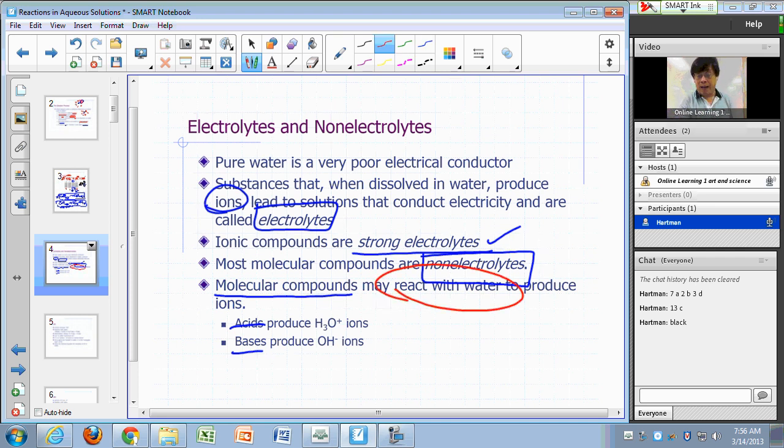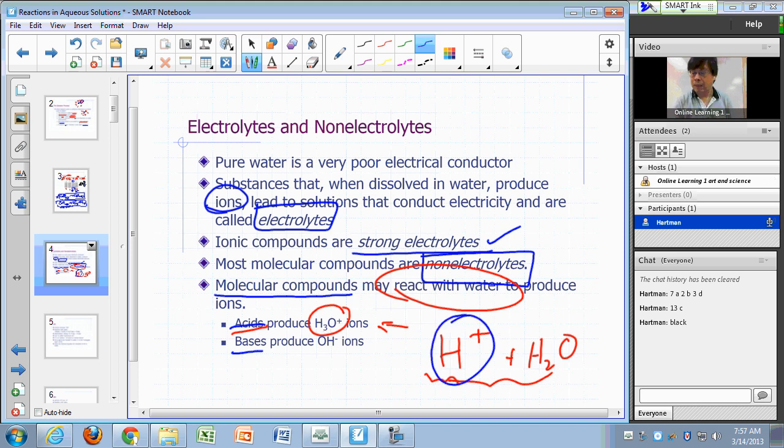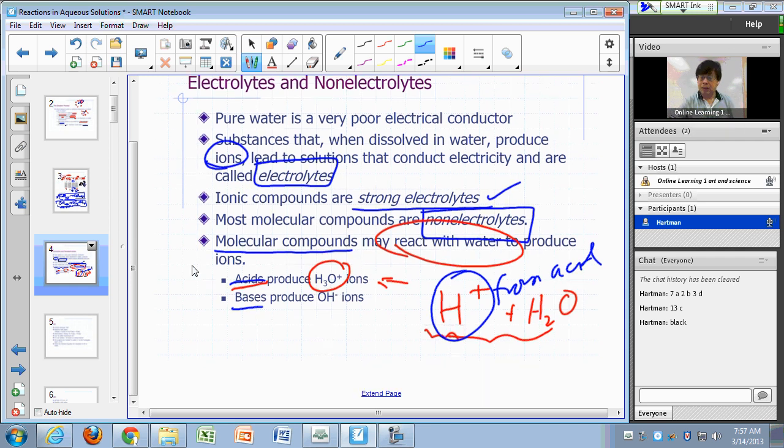So if you have an acid, a molecular compound that reacts with water to produce hydronium ions, H3O+, often abbreviated as H+, it's really H+ from the acid attaching itself to a water molecule. That gives you H3O+. So this H+ right here will come from the acid molecule. It breaks off from an acid molecule. It will give you H3O+ ions. So this is what you would call a hydronium ion, H3O+.